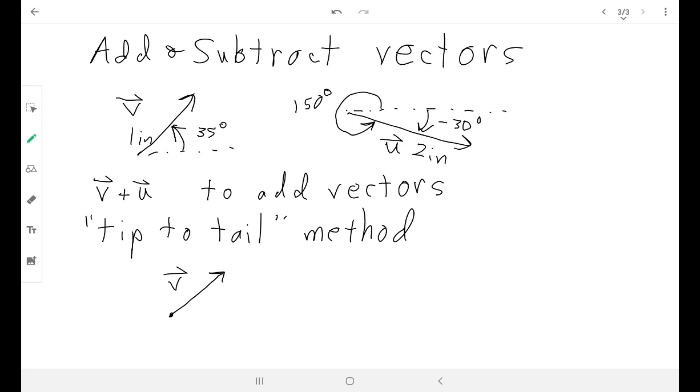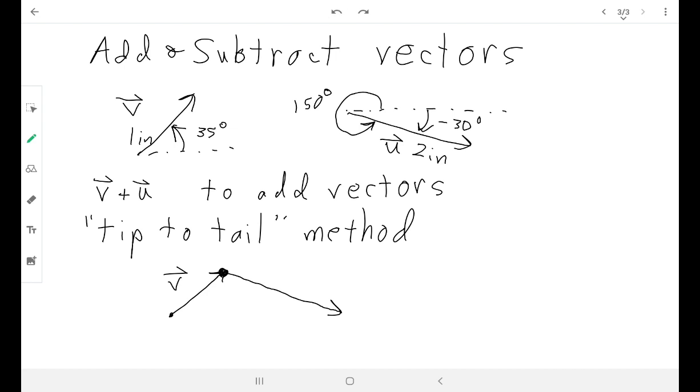But either way, from beginning to end, and then put its beginning on the end of that one and redraw it the same way. So this one, V, still has that angle of 35 degrees there, and U here still has the angle of negative 30 degrees.